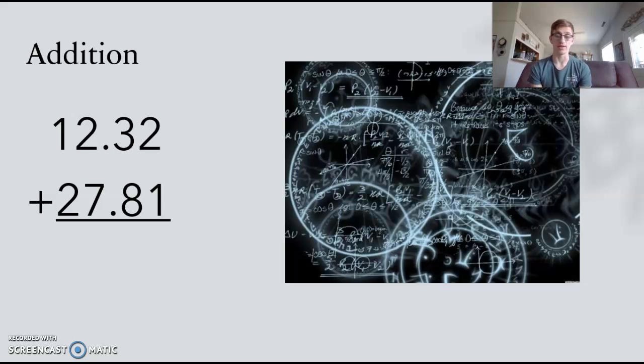So the addition problem that I had him solve was 12 and 32 hundredths plus 27 and 81 hundredths. I taught using a place value chart, and my focus was that we would use proper math language, and that the place value chart would be a great visual for him to see how and why we, so to speak, carry the one.